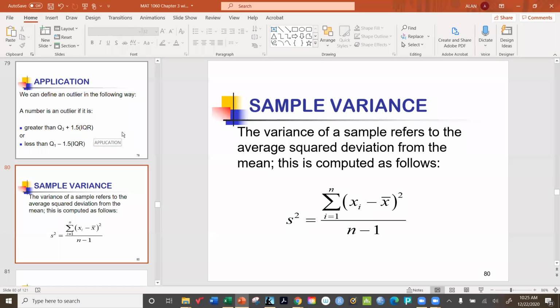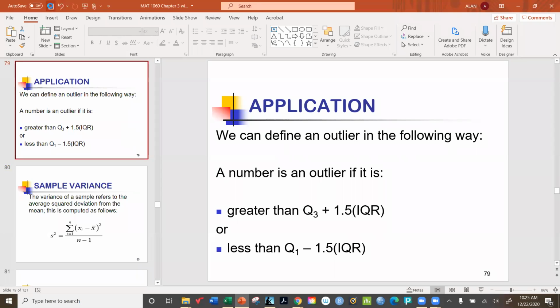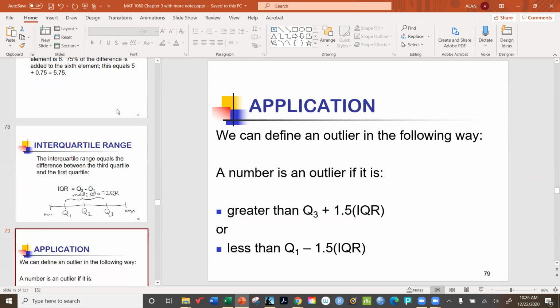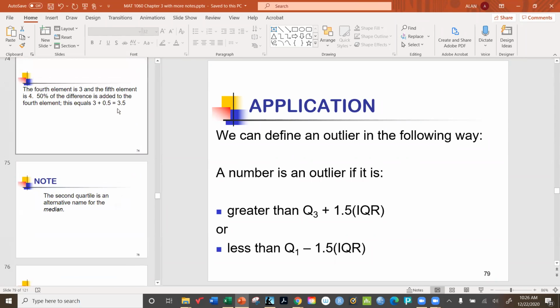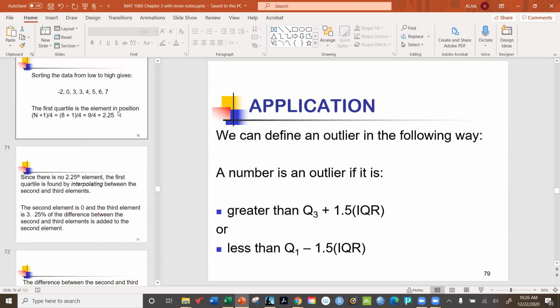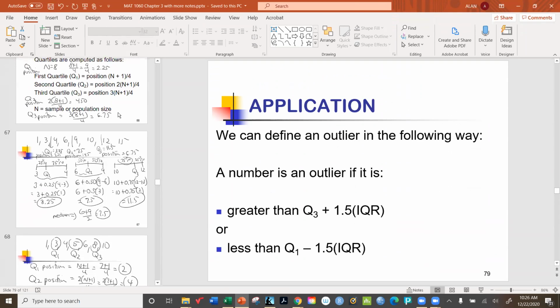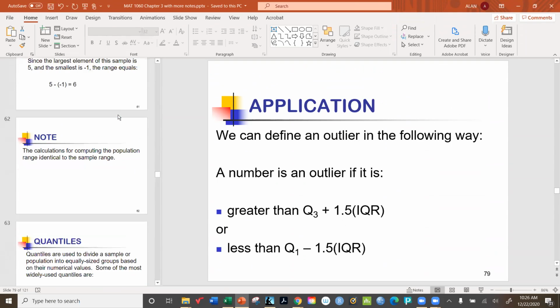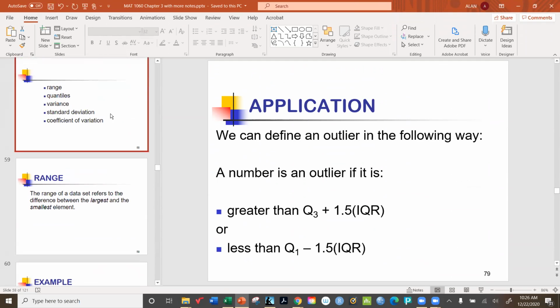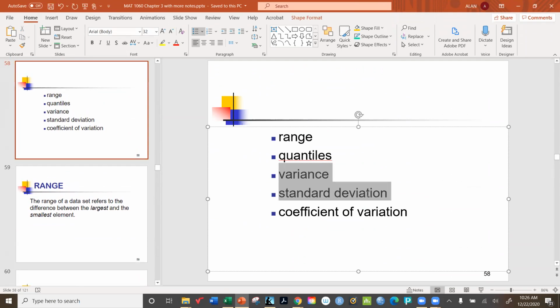All right, good. Now we're ready for the really important measures of dispersion. The interquartile range, the quartiles, the range, they're important too, but by far the most widely used measures of dispersion are these two, the variance and the standard deviation.